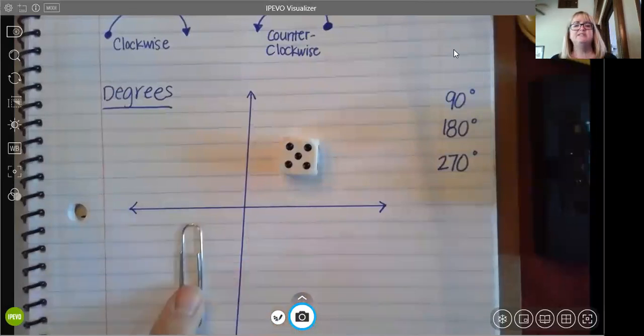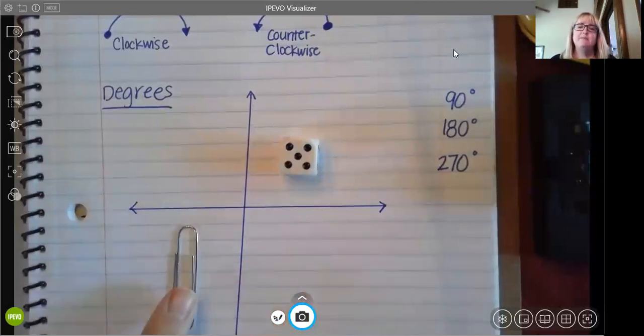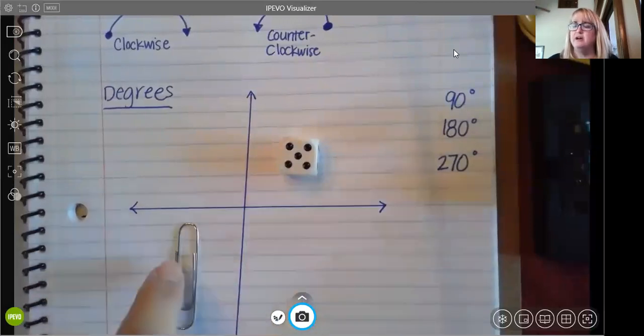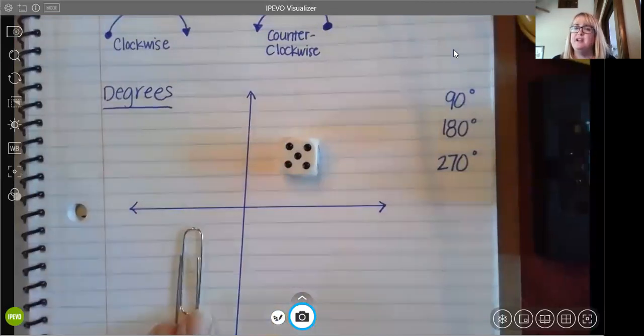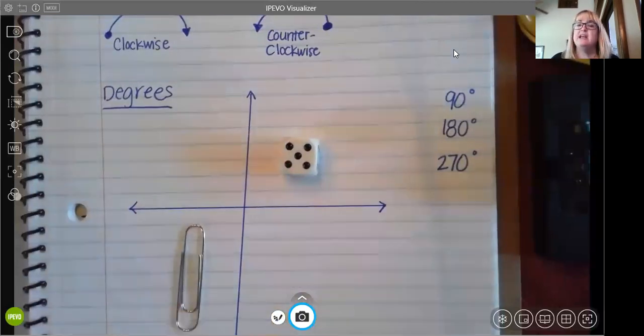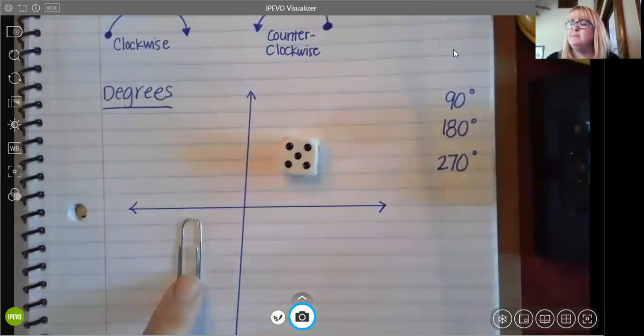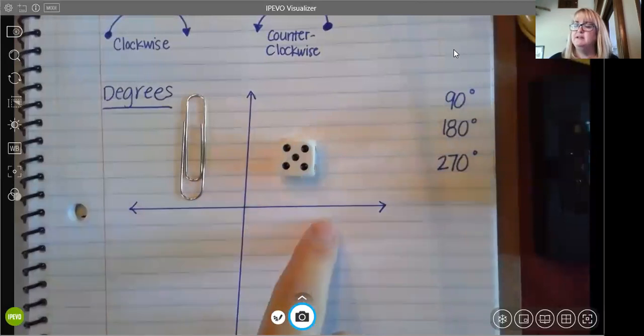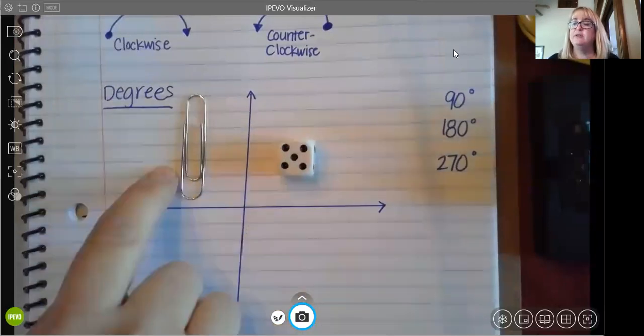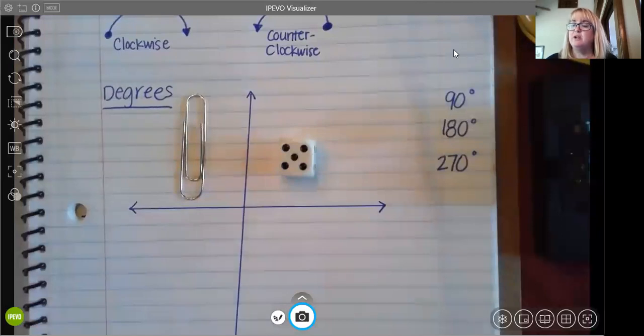Now, 180 degrees is interesting because you end up in the same quadrant whether you go clockwise, 90, 180, or counterclockwise, 90, 180. So there are two different answers, clockwise 180, counterclockwise 180. If I start here and I move here, if I'm moving clockwise, I'm going 270 degrees. If I go counterclockwise, I go 90 degrees. So there are two different answers depending upon which direction you're moving.